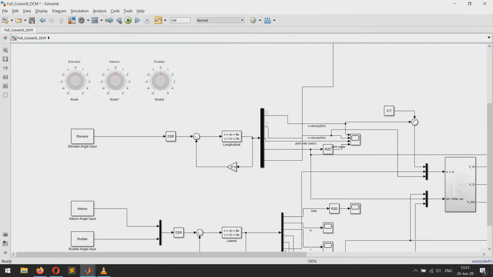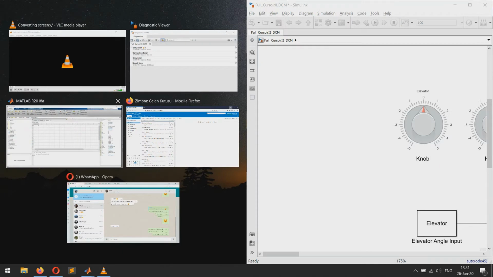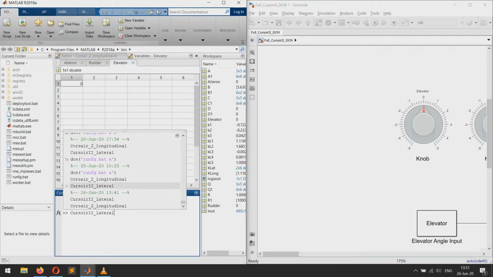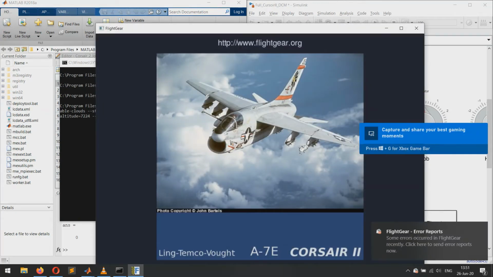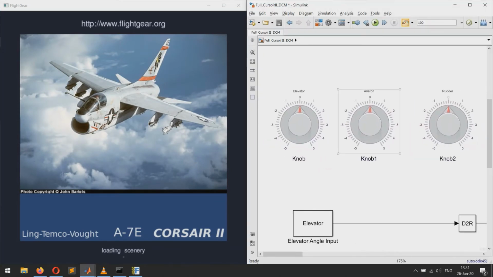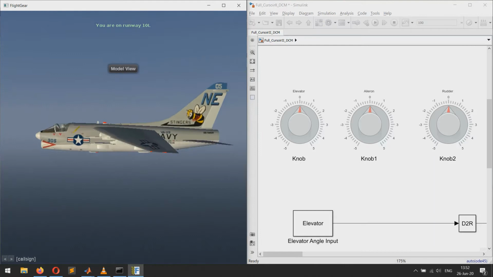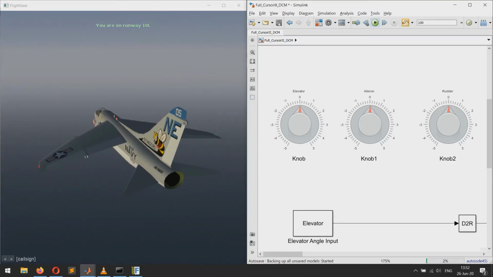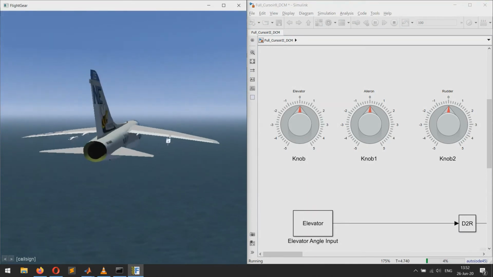And now I want to show you our simulation. This is our aircraft, and now it is cruising very well.